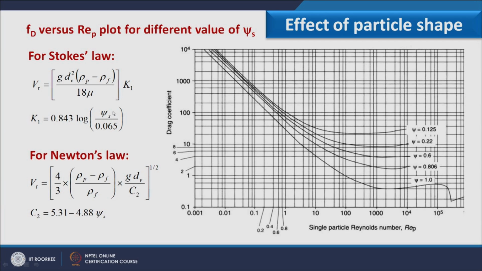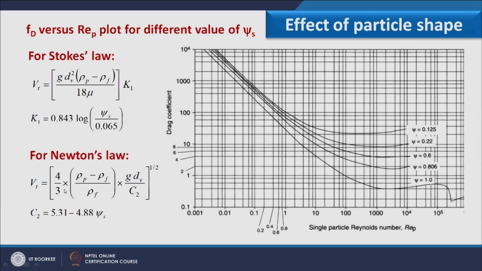So, psi s is basically considering the shape of particle, and here we have taken volumetric diameter of particle instead of dP. So, this is the revised expression for Stokes law when the particle is irregular and it is falling in laminar zone. Similarly, we can change the parameter for Newton's law also.